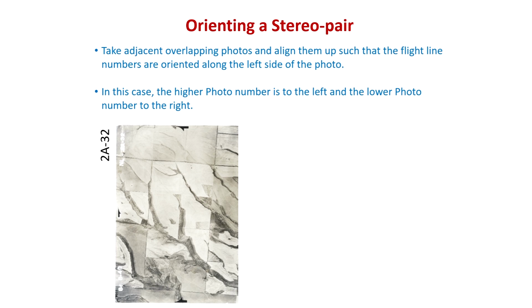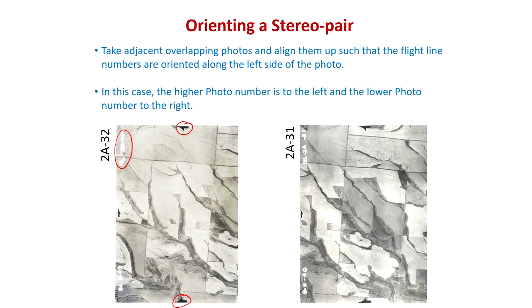So there are marks which are available, which we call the fiducial marks, and if you are numbering these photographs, then it will be printed on the hard copy which you have here. Okay. So this photograph number is 2A 32, and then another one is 31. Okay. So you have some common features here because you have 60% of overlap. Okay.